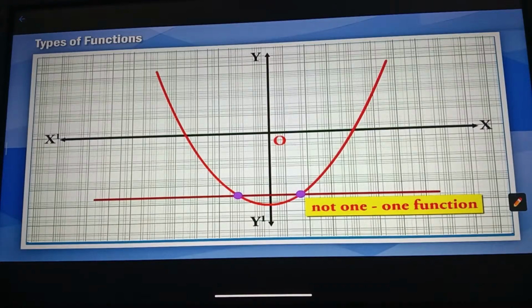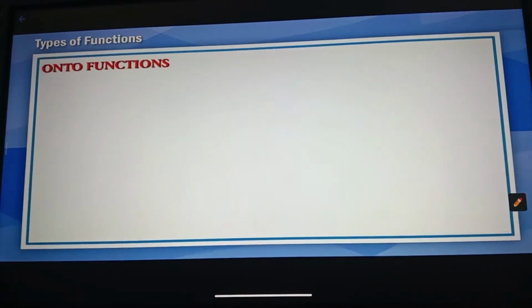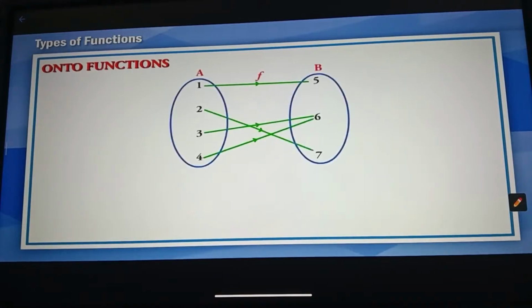Let us now discuss the onto function. Let's begin by considering the function f from A to B, which is shown here. From our previous discussion, we can find the codomain and domain of the function.